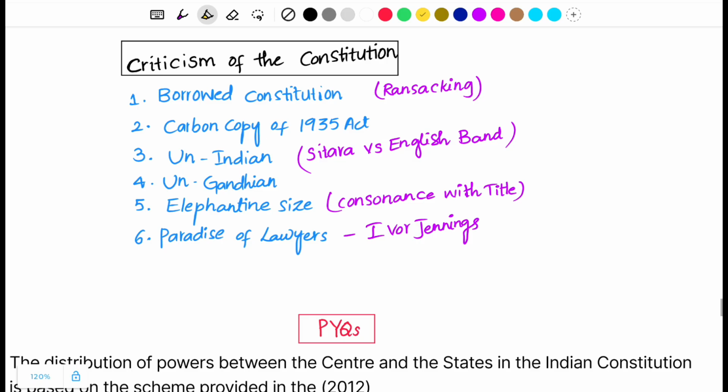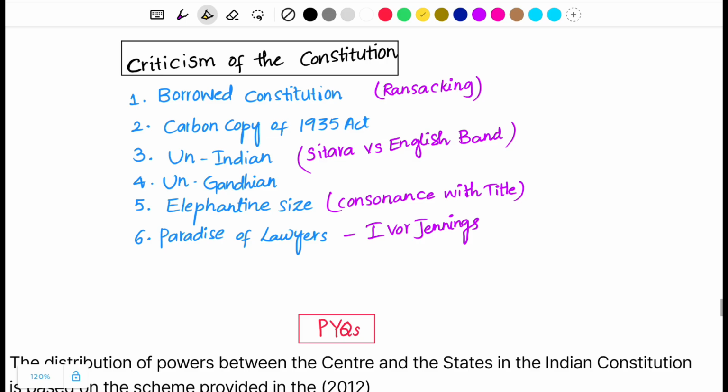That means the slavish provisions adopted from the British Parliament or British Constitution are being pointed out here. You can quote this in your mains answer writing. When you write your mains answer, we wanted the music of Veena or Sitar, but here we have the music of an English band. Beautifully said, friends. It is said by the member of the Constituent Assembly, K. Hanumanthaiya.